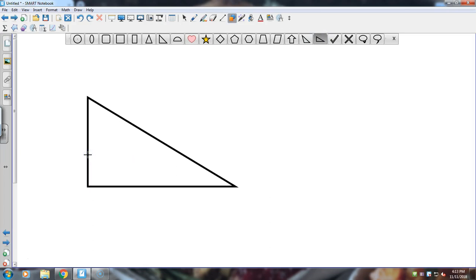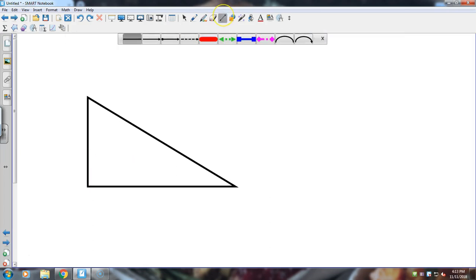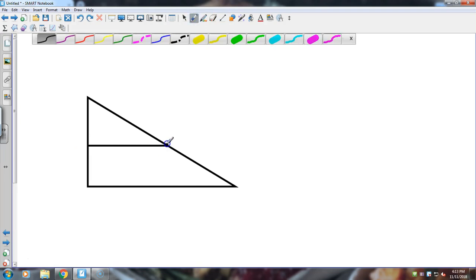And so if I take that same type of drawing, and I'm not going to have the third one this time, if I connect those midsegments, it actually creates parallel sides.